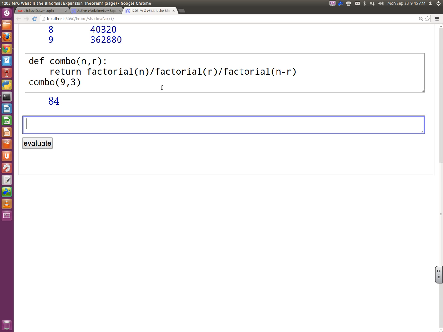Doesn't like it. Why the heck? What is going on here? It looks like it entered first before it did a shift enter, right? Yeah, something really with the keyboard.